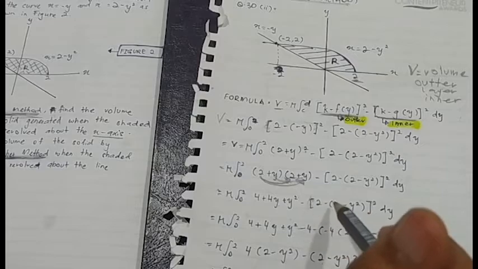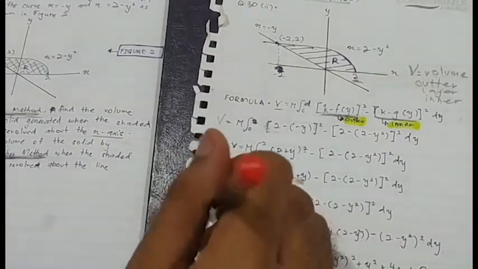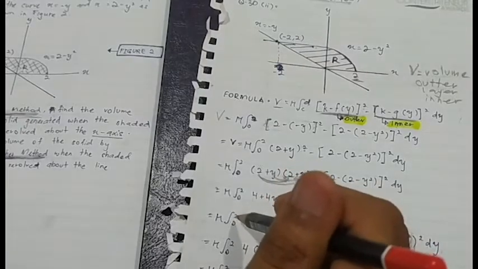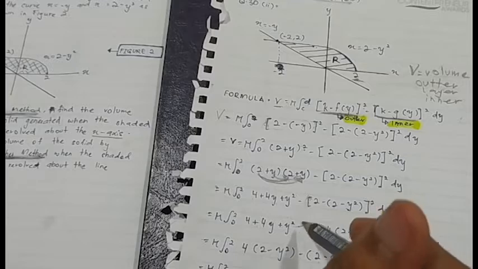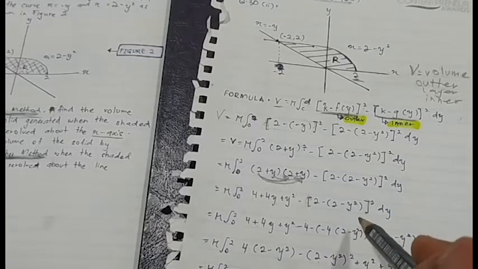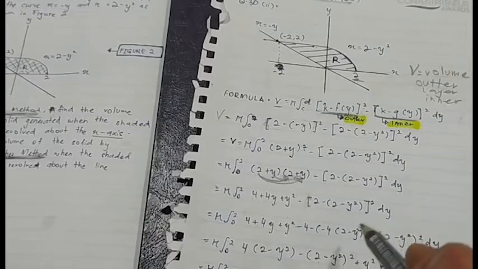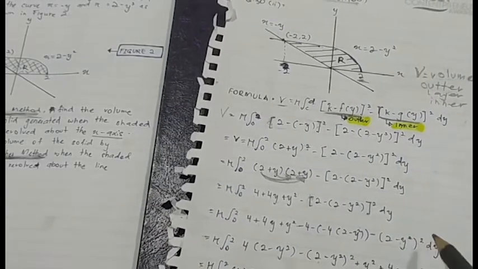So what we do is we expand this. So what I get would be pi, we integrate from 0 to 2, and then 4 plus 4y plus y squared, negative 4 negative bracket, negative 4 bracket 2 negative y squared, close bracket, and then close bracket. Negative is with 2 negative y squared squared dy.